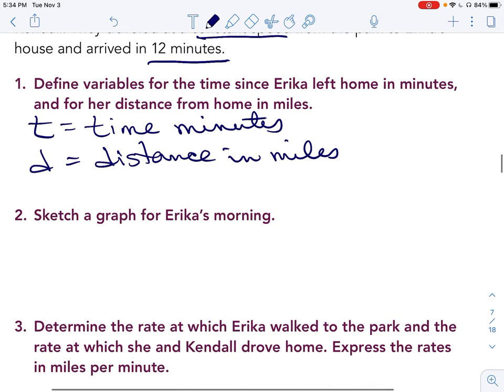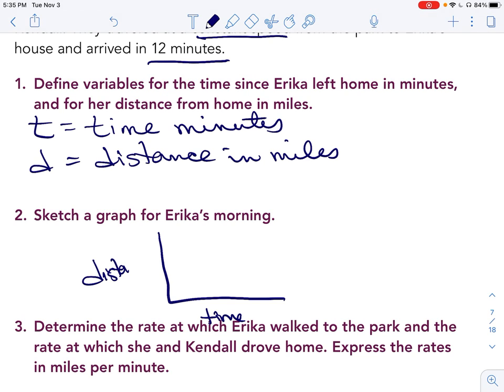So we're going to sketch a graph. Okay, so this is time, and this is distance, and this is in miles, and this is in hours. So she started at home. She walked at a steady pace for 30 minutes. Oops, that was horrible.